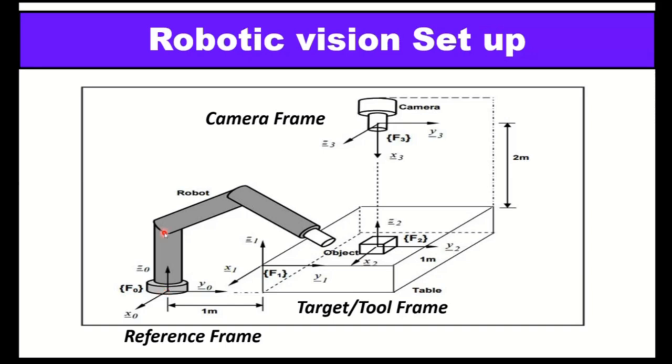So each of these joints, each of these links contributes to the final motion of the tool. Please check the concept. When we move this tool on a particular object or job, then each of the links, each of the joints is now contributing to that movement.